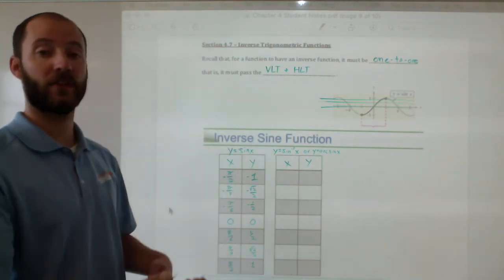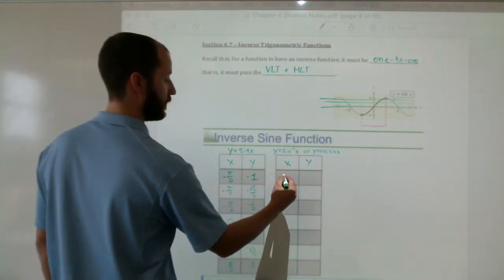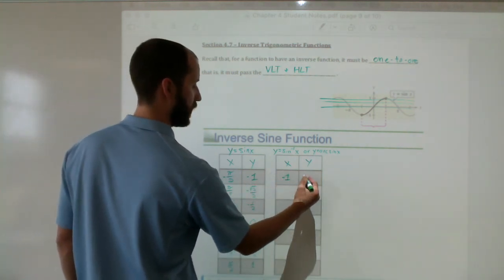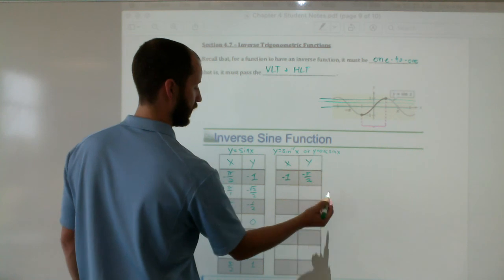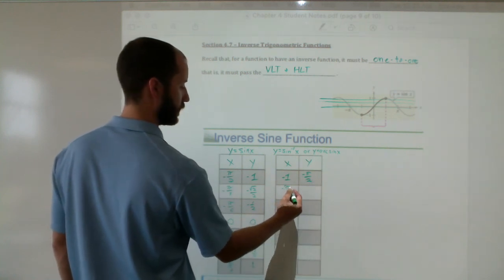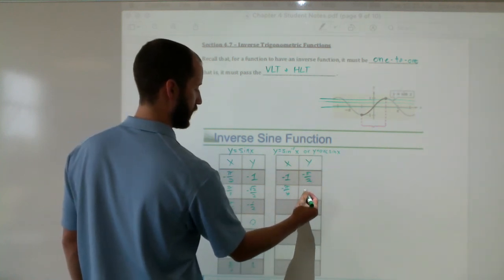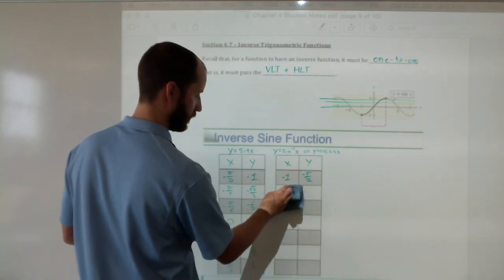To create the inverse, x and y have to flip. So now, negative 1, negative pi over 2.